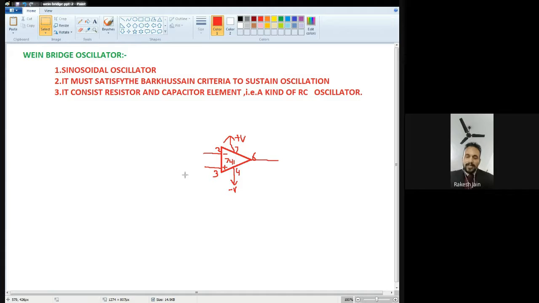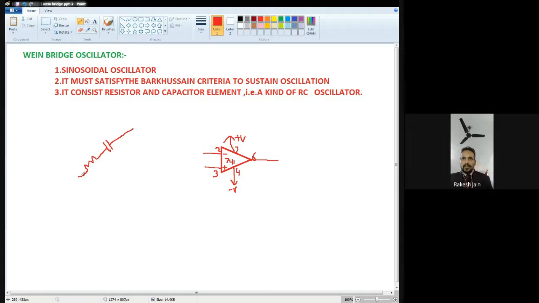And the feedback network must be a bridge kind of structure like the Wheatstone bridge, in which only resistance and capacitance networks are there, such that one arm of the bridge consists of resistance and capacitance in series, and one arm consists of resistance and capacitance in parallel. So like this one, this is the arm in which resistance and capacitance are in series.